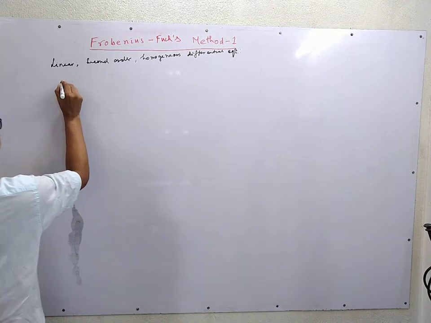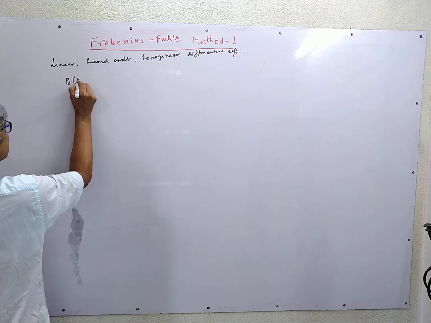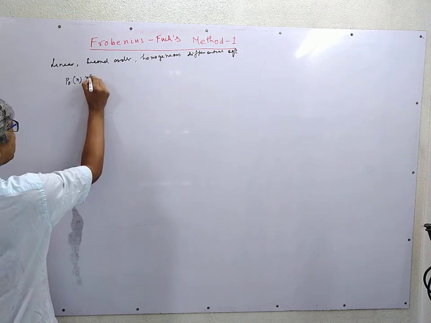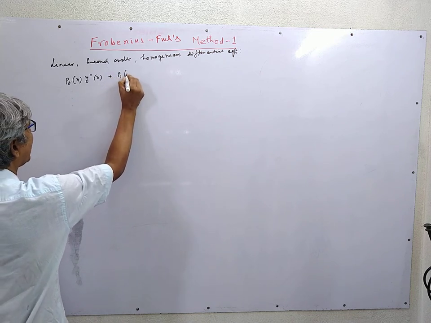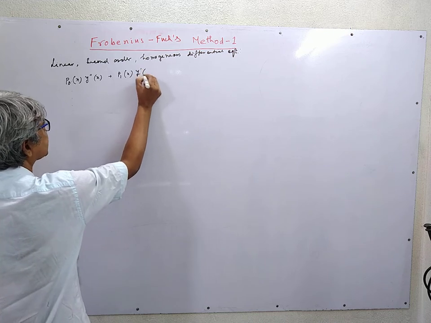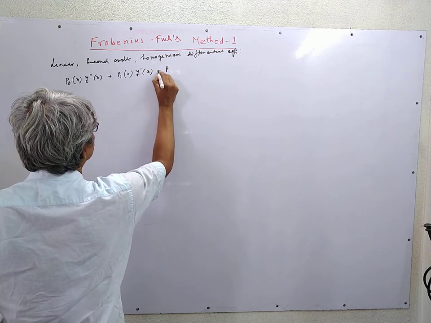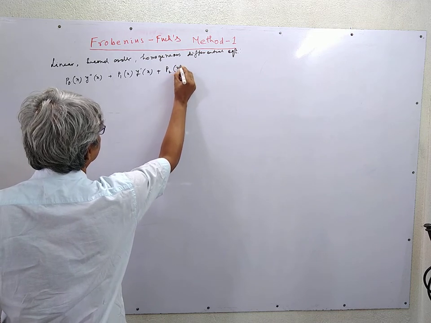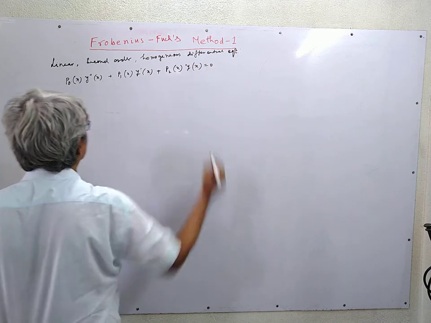The form of such an equation is P0 of x y double prime of x plus P1 of x y prime of x plus P2 of x y of x is equal to 0.